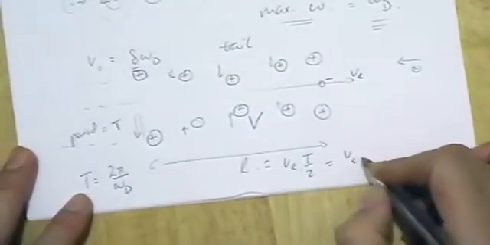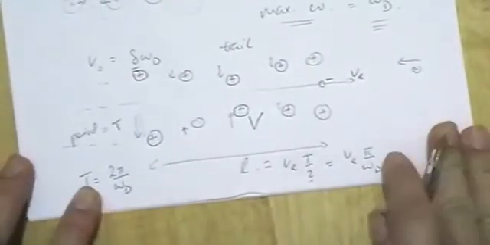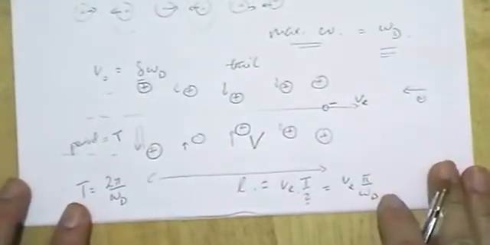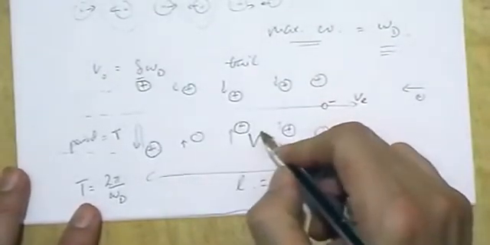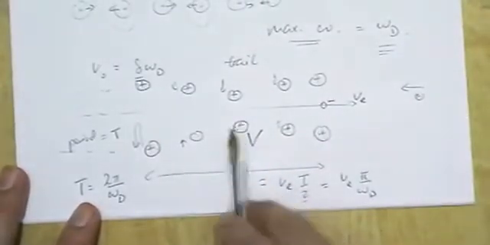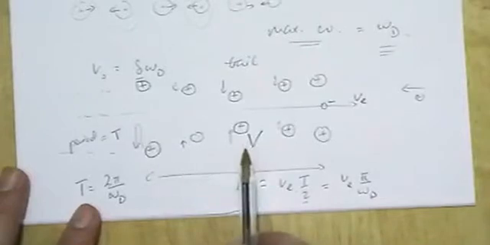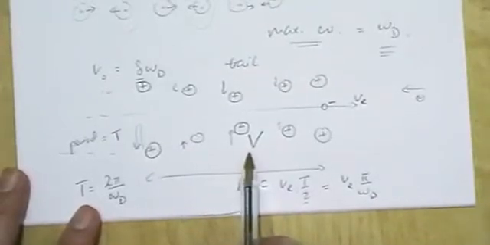T is 2 pi over omega d, so this is V times pi over omega d. The 2 here would cancel out with the 2 there. So we are now able to calculate the length of this trail and the maximum potential in the trail. Therefore we can sketch a graph showing this potential.